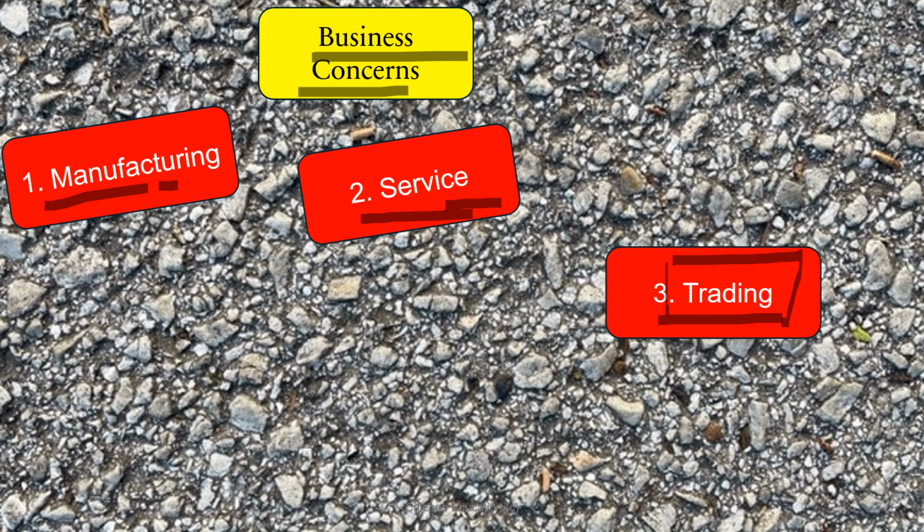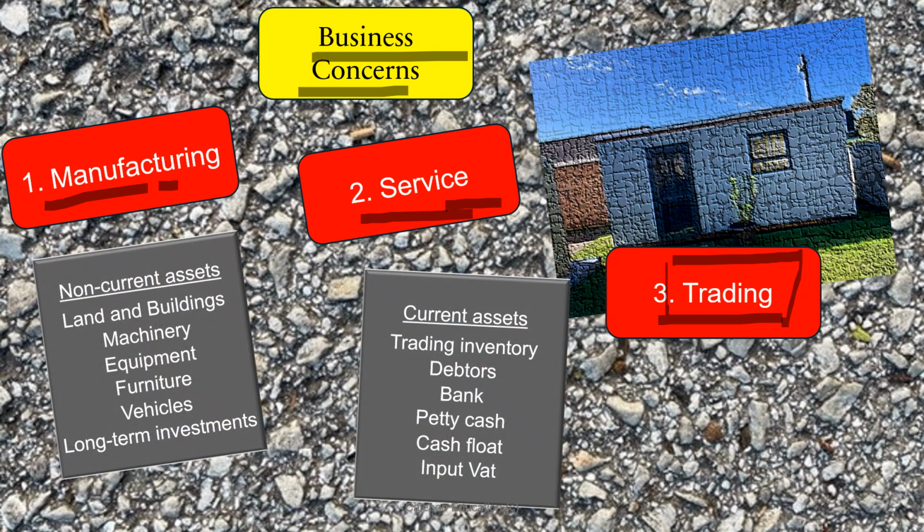Now, what PPE would be typical to a manufacturing concern? I would say machinery. Although a manufacturing concern can have equipment, furniture, and vehicles, but typical to a manufacturing concern is machinery. What PPE would a service concern have? Definitely a place to operate from, land and buildings.